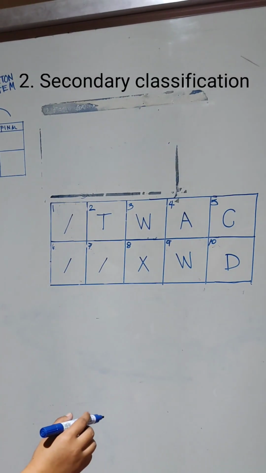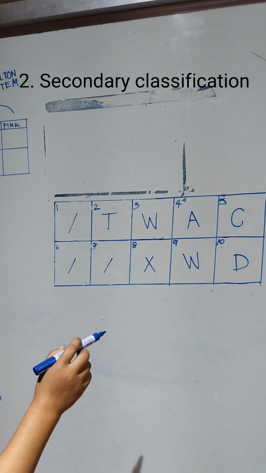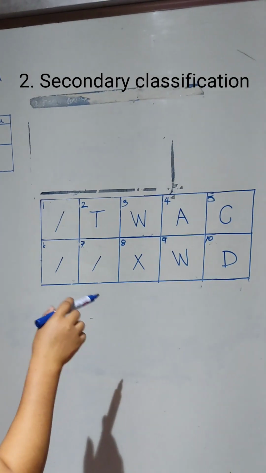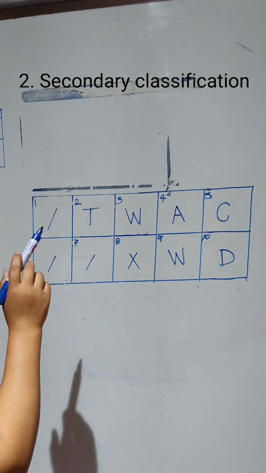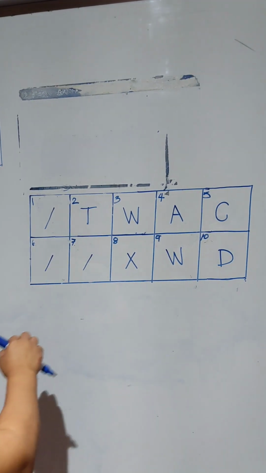The second one is the secondary division. In this division, we're going to input the corresponding symbol of each fingerprint pattern.